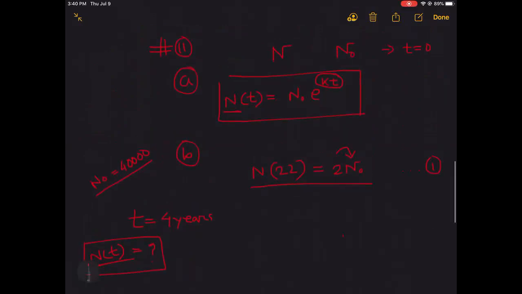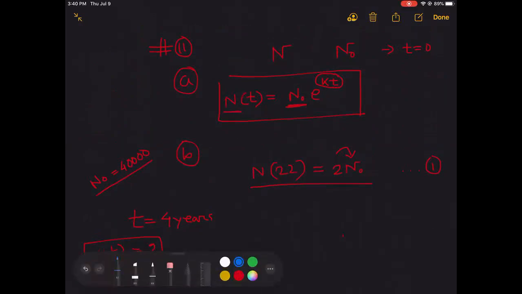And we know T, which is given also, that's 4 years. We also know N naught. So the only thing missing is the value of K. Can you see that? If we can calculate K, we should be able to find out N. Okay, so let's do that.